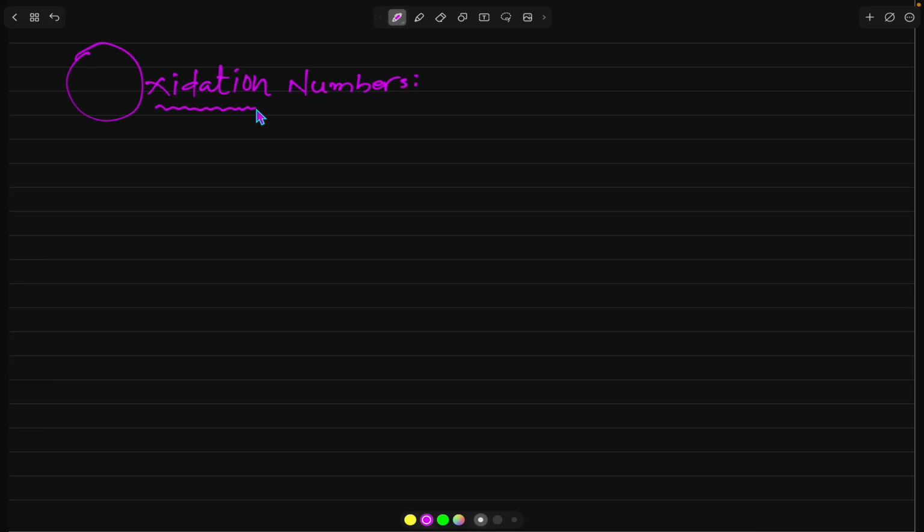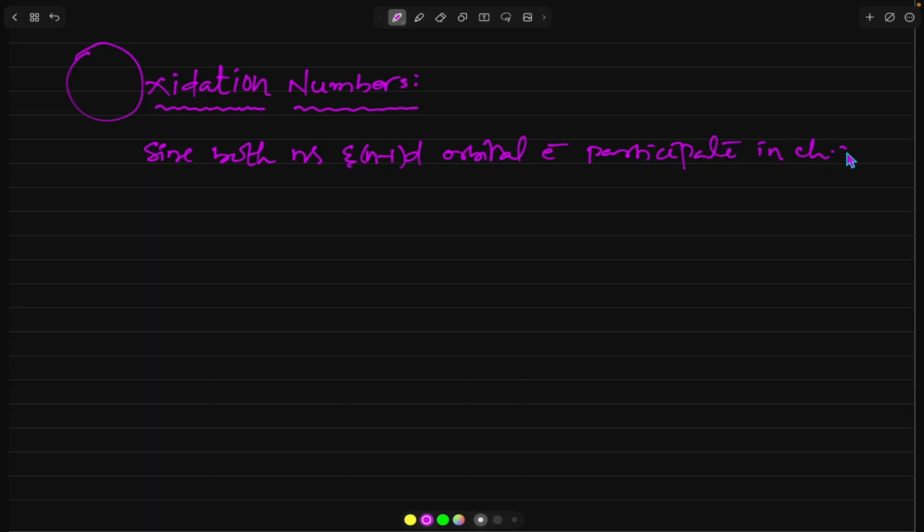The oxidation numbers of d block elements are due to the participation of both ns and (n minus 1)d orbitals. Since they have electrons in both, these electrons participate in chemical reactions.